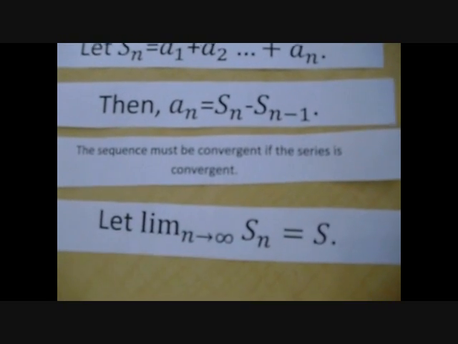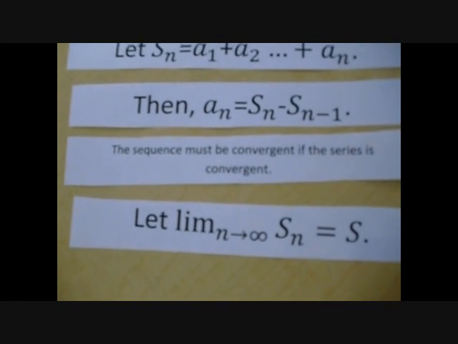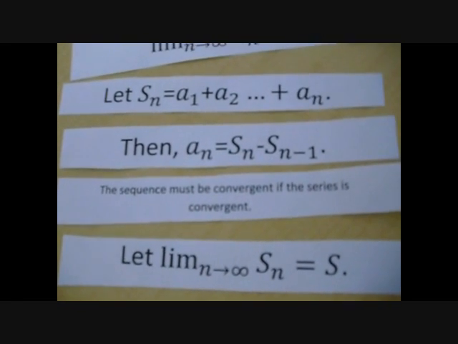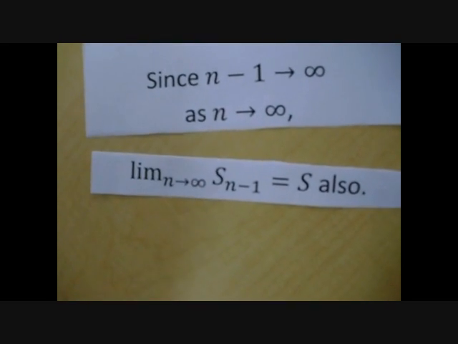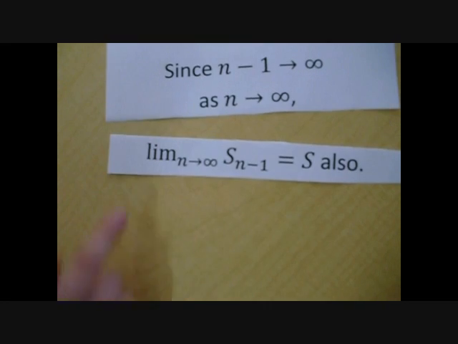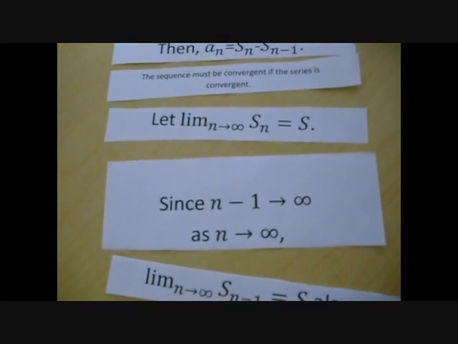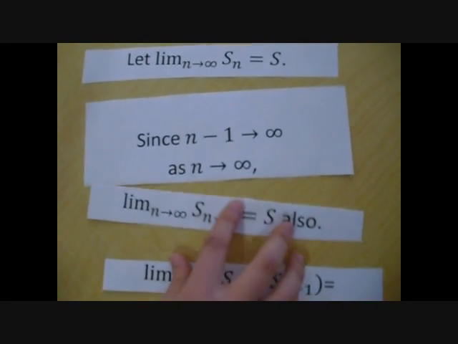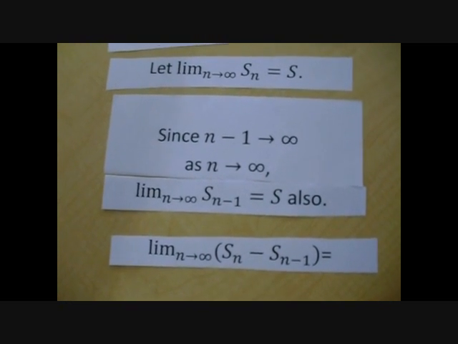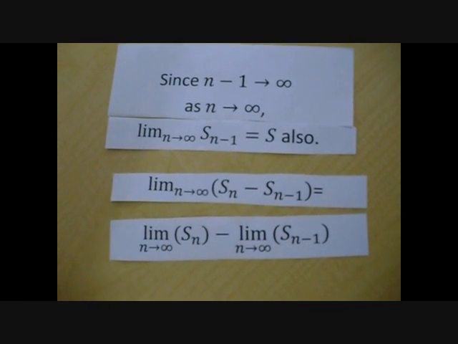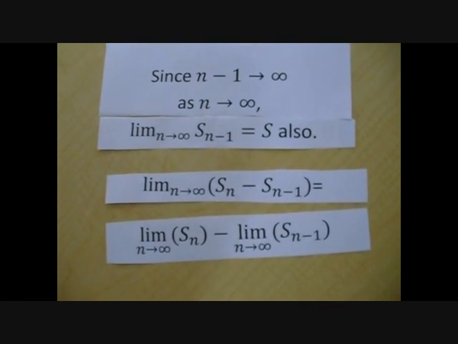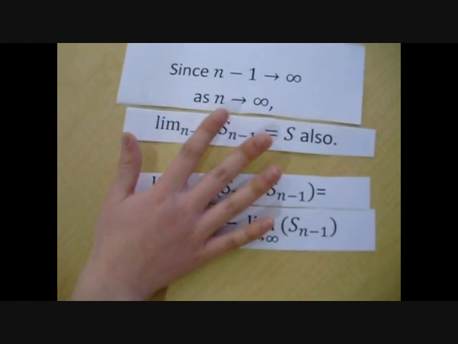Let the limit as n goes to infinity of Sn equal s. Since as n approaches infinity, the limit of Sn minus 1 is also equal to s, as before. So now we have the limit as n approaches infinity of Sn minus Sn minus 1, which can also be written as the limit of Sn minus the limit as n goes to infinity of Sn minus 1.